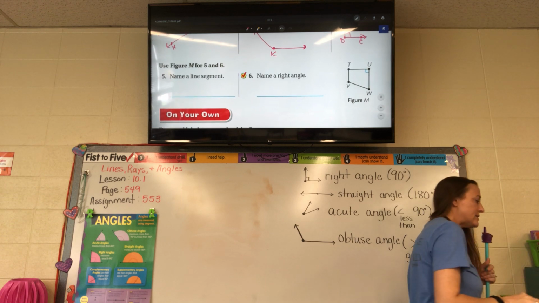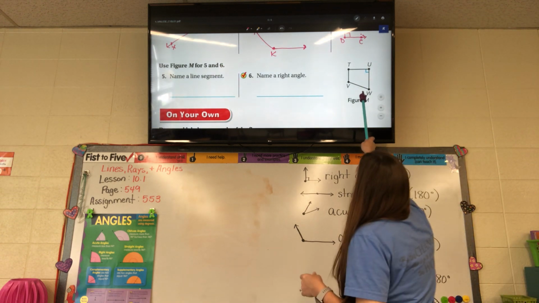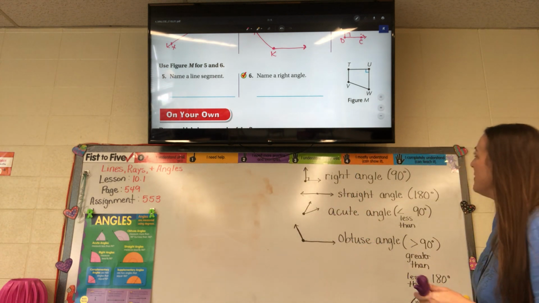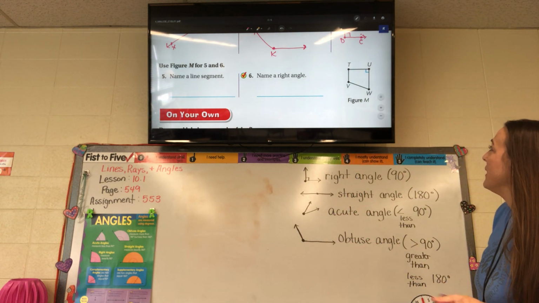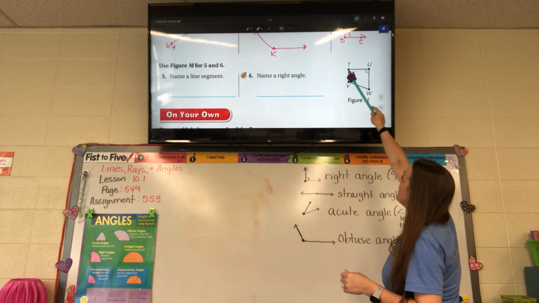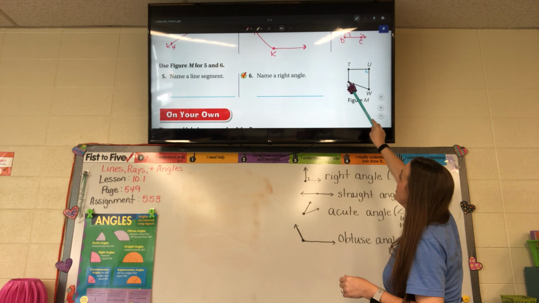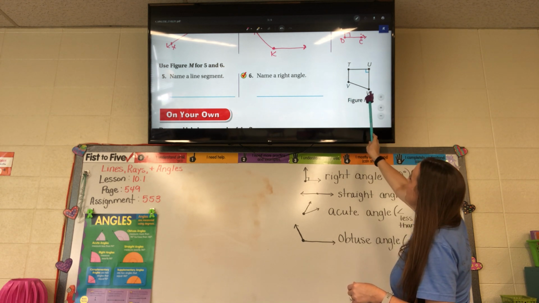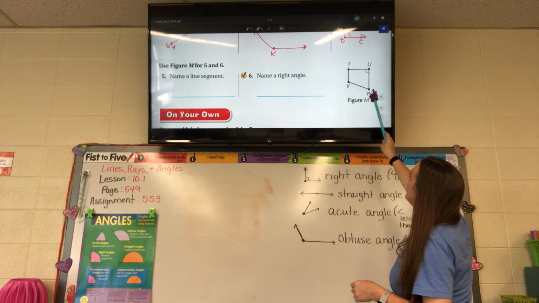Now they're giving us a figure over here, and they want us to name a line segment. There's quite a few of them there. You could name line segment TV or VT. You could name line segment VW or WV.